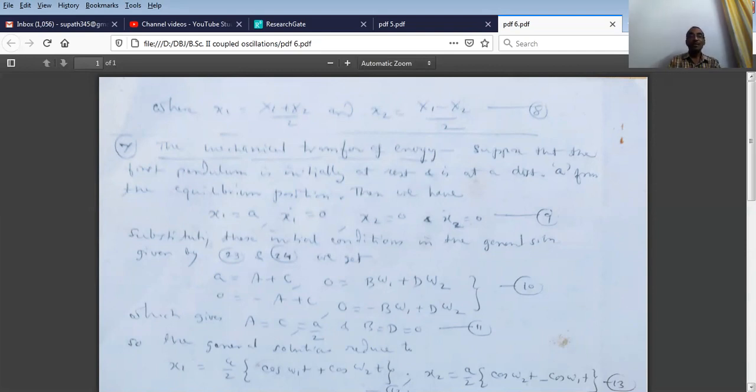Then the general solution of this equation is given by, now which one?